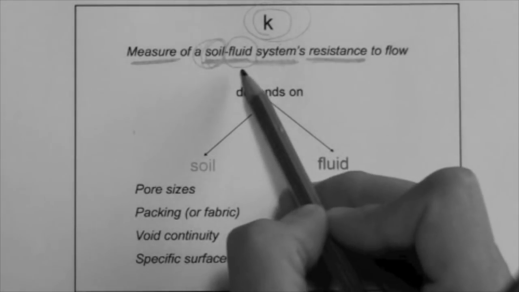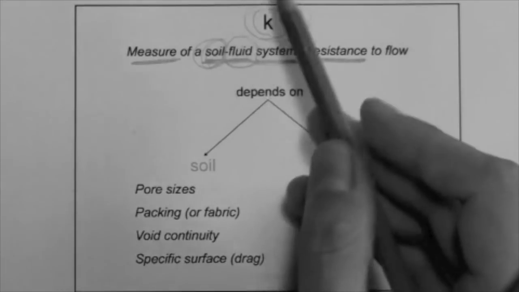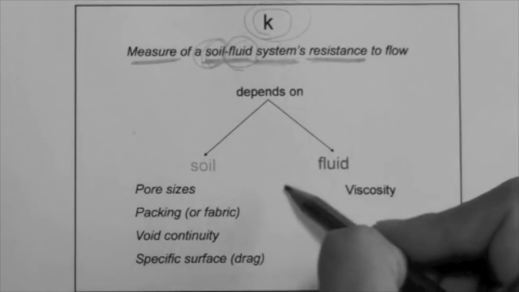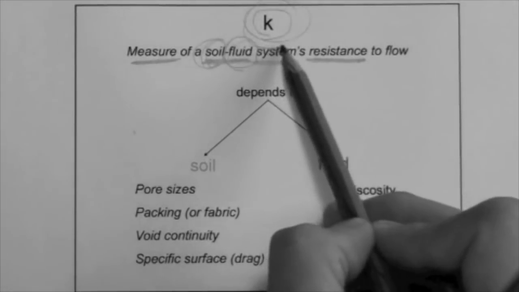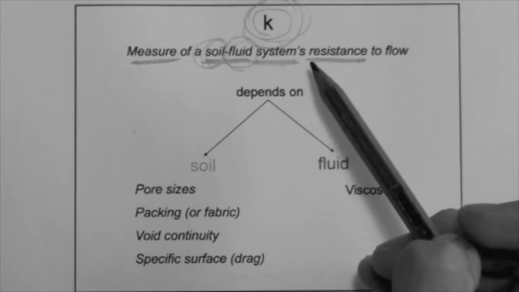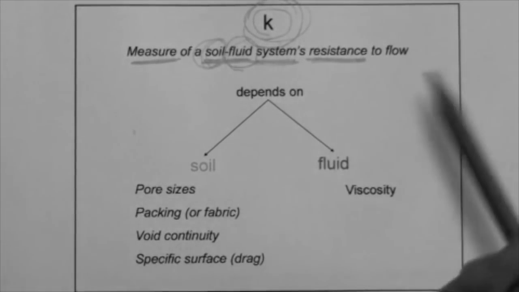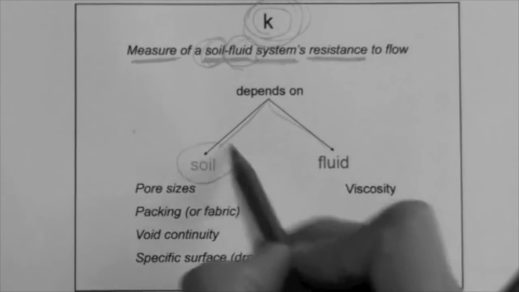So if you have honey flowing through soil, it's going to flow much slower, okay, than if you have water. So when you run the Darcy's experiment with honey versus water, you're going to get a low K for the case of honey and a high K for the case of water for a given soil. Okay? So K is dependent on both the soil and the fluid.